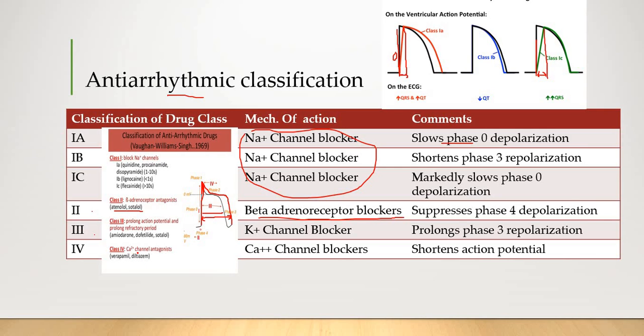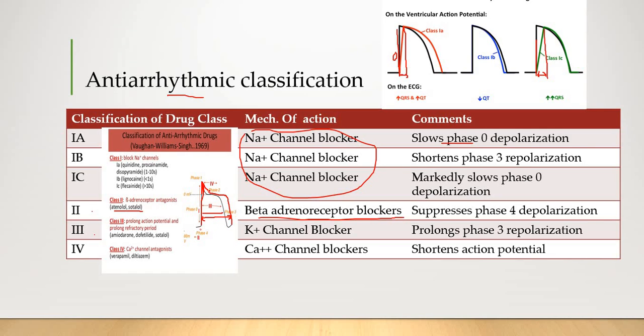And then there is class 4, the calcium channel antagonists like verapamil or diltiazem. They are going to inhibit the calcium influx, and inhibiting the calcium influx will lead to delaying of the action potential.